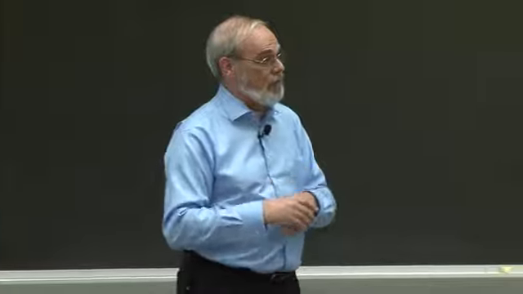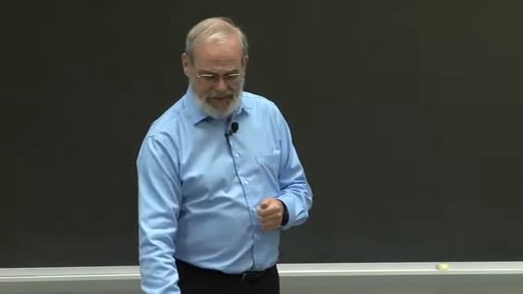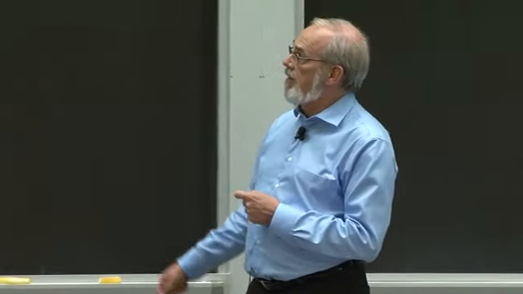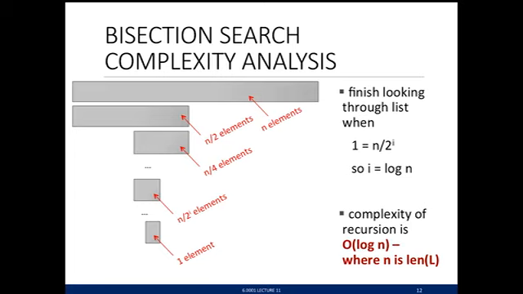So I can ask, before we look at the code, what's the complexity of this? How many steps do I have to go through in the worst case? And I know I'm going to be done looking at the list when n over 2 to the i is equal to 1, meaning there's only one element left that I'm still looking at. And I can solve that. It says I'm going to have to take at most i equal to log n steps.